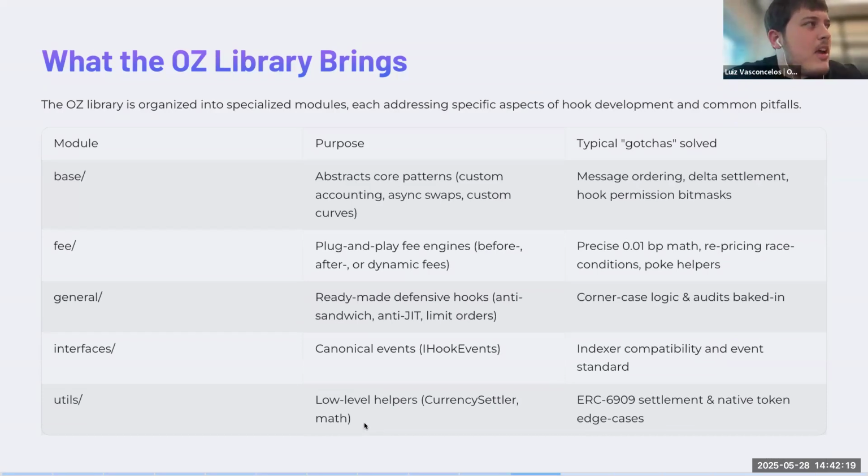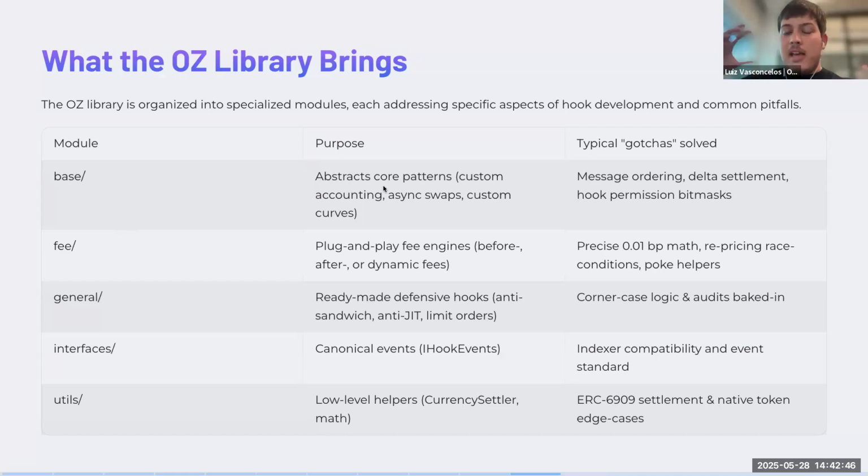So basically, we have 5 different modules here, and we have abstract and some ready hooks that people can use. So the first one is the base module, which has the more abstract patterns, which are the most simple standards for when building hooks.